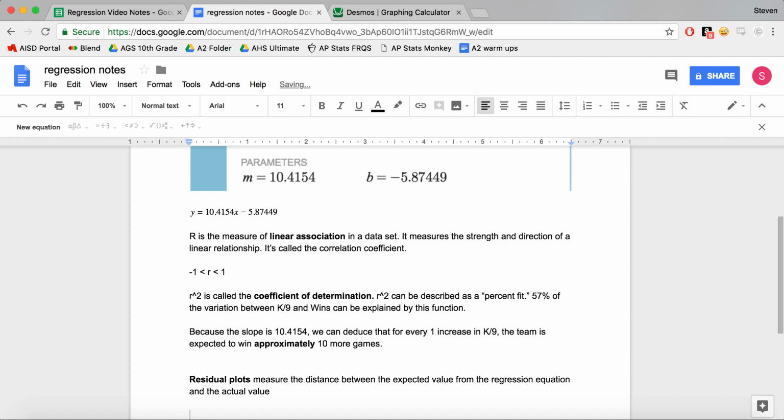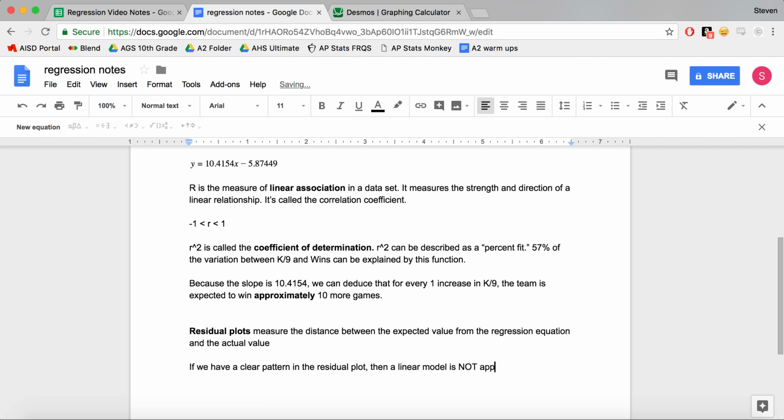And what they tell us is, if we have a clear pattern in the residual plot, then a linear model is not appropriate for the data set, and we need to try something else.